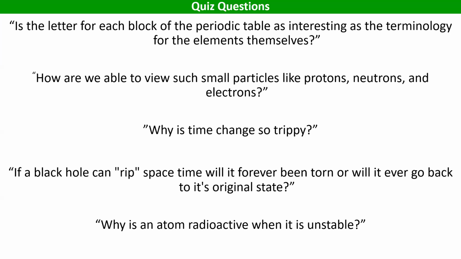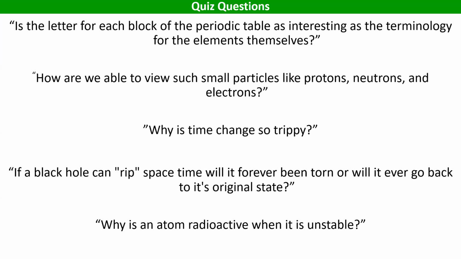Basically, it's turning into the light that comes off of the black hole that we observe coming from the event horizon. And if you have a small enough black hole, in theory, you can actually have a black hole that evaporates completely and disappears. So it doesn't rip space-time in the sense that it's forever broken. It just behaves very differently until that evaporation happens.